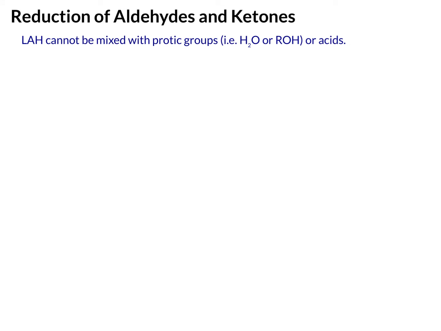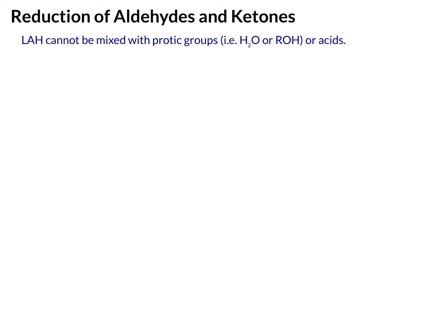When I showed you the reaction using LAH before, you'll notice that it was a two-step process. You add the lithium aluminum hydride, and then you add water or an acid. That's because lithium aluminum hydride can't be mixed with protic groups, things like water, alcohols, or acids.